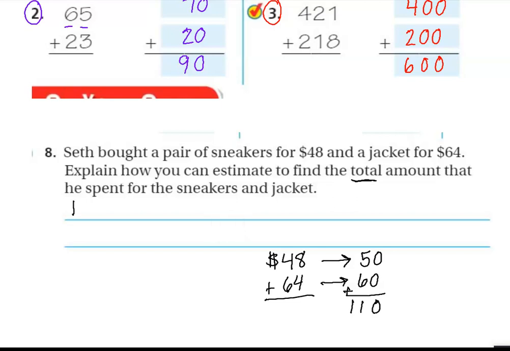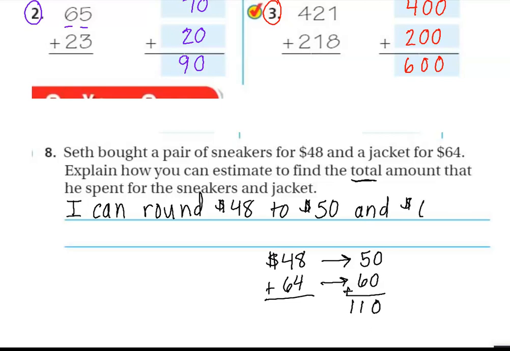I can round $48 to $50 and $64 to $60. The sum is $110. So if you did that, awesome job.